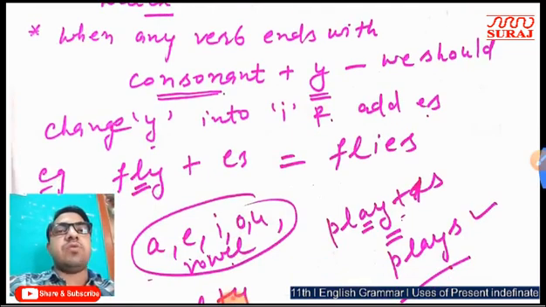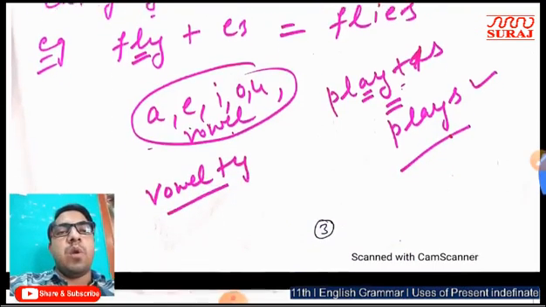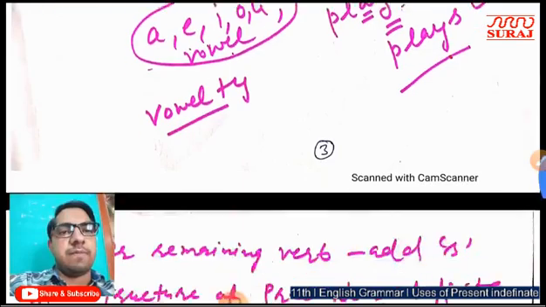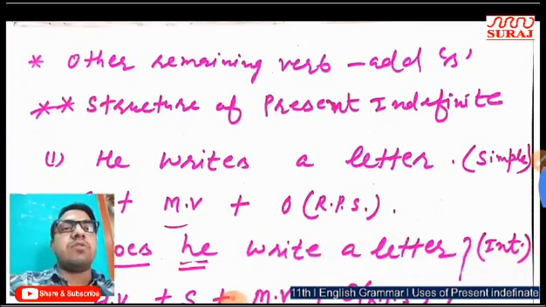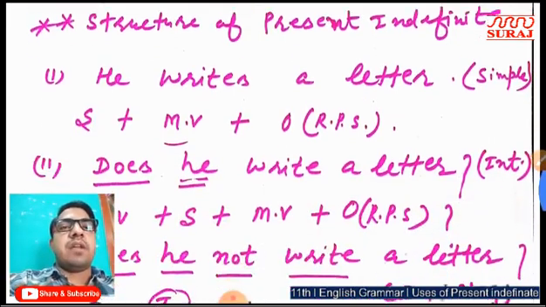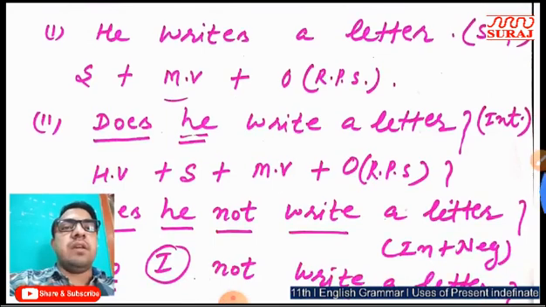In the next rule I taught you that when any verb ends with consonant plus y, we should change y into i and add es. When any verb ends with vowel plus y, in that case we should add only s. After that I taught you that for other remaining verbs we should add s. After that I taught you about the structure of present indefinite tense.